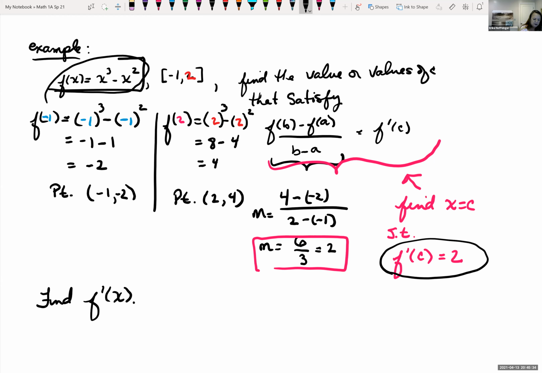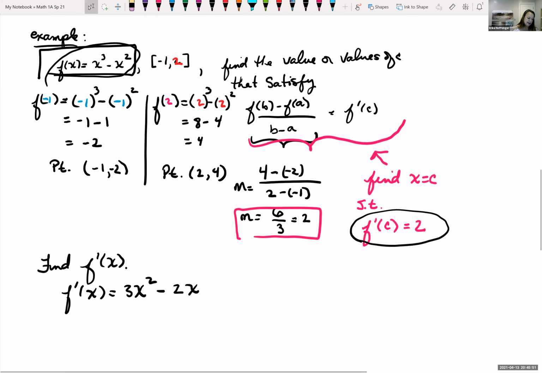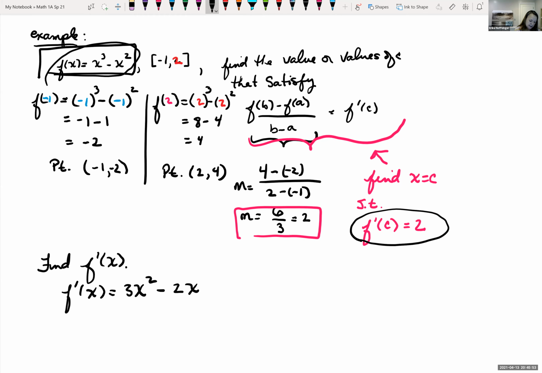That's not too bad with the equation we're given. The derivative of x cubed gives us 3x squared, minus the derivative of x squared, which is 2x. So we're looking at when 3x squared minus 2x is equal to 2.